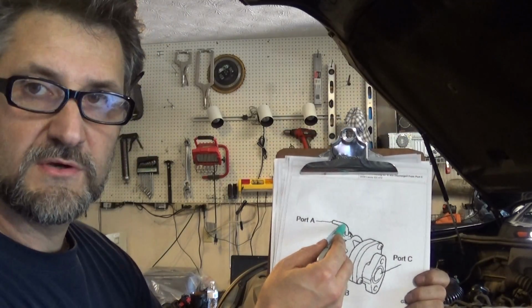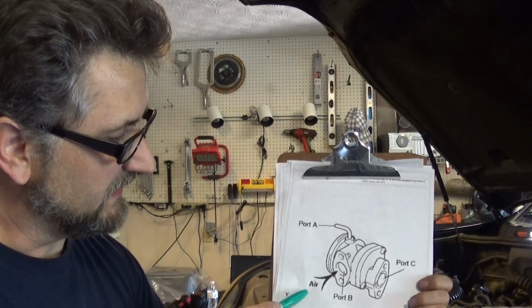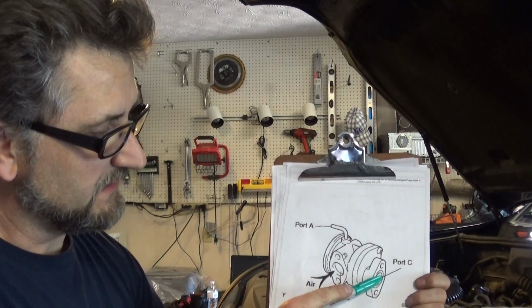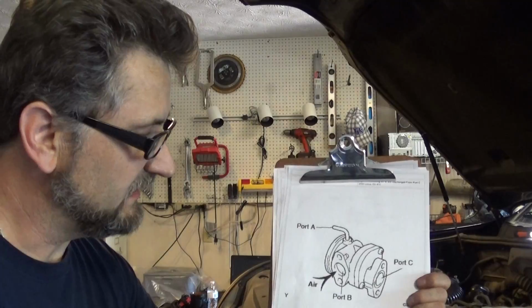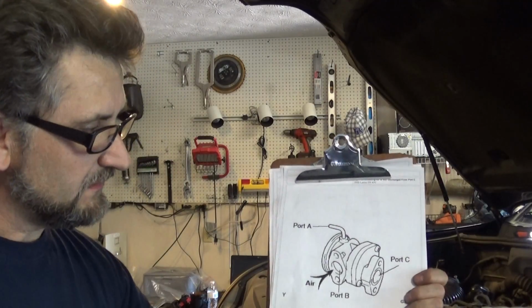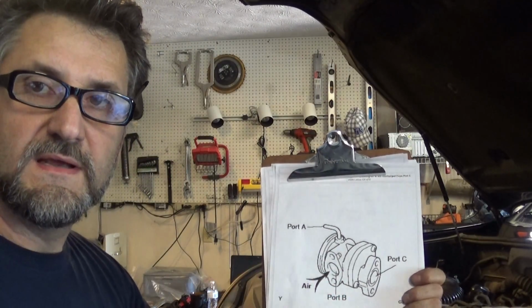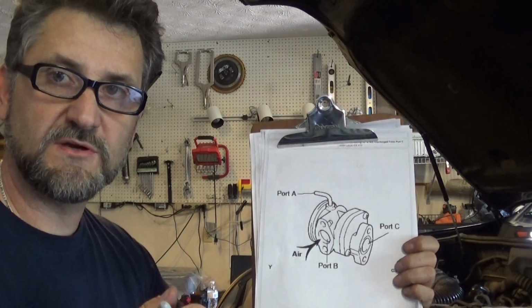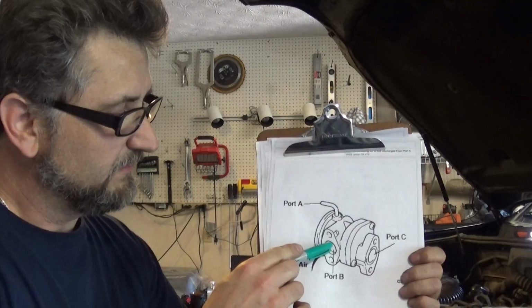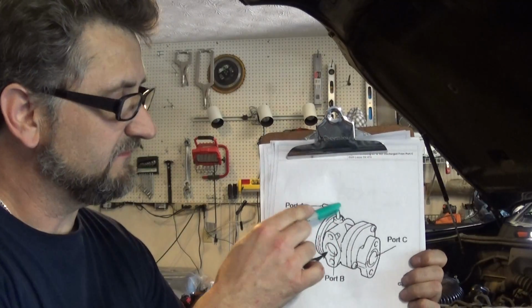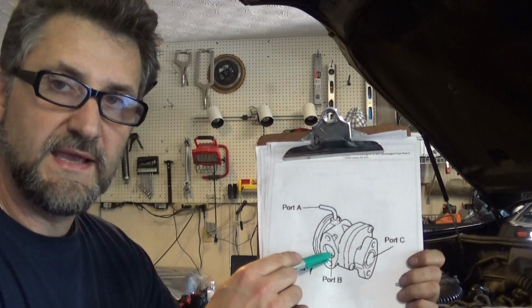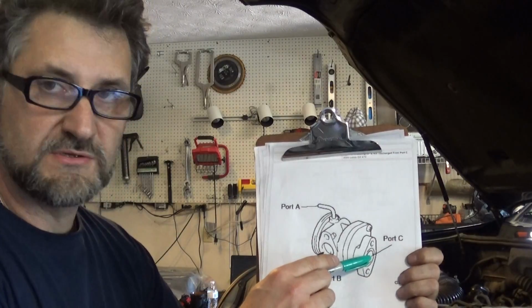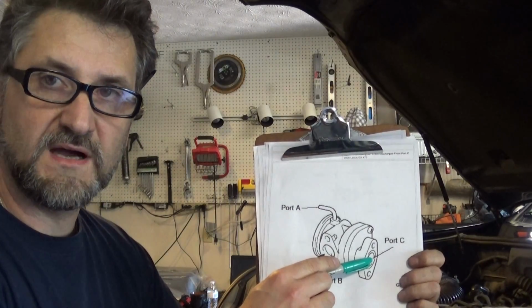This is where your vacuum goes in, this is where the air comes in, and that's where it comes out. Once you get there, take your valves out and apply shop air pressure to this end without vacuum. The air should not leak out if the valve is good.